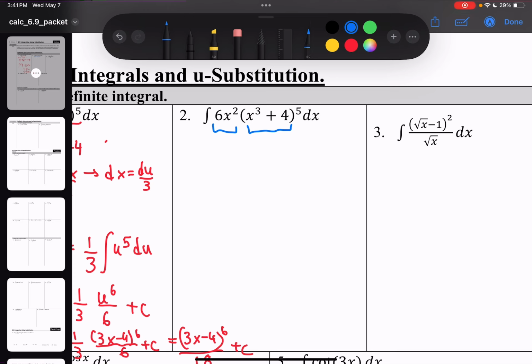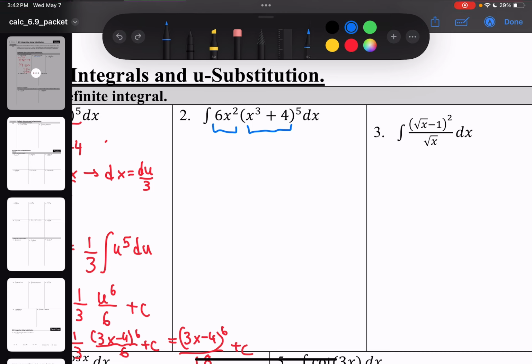The derivative of x to the power of 3 plus 4 is 3x to the power of 2, which closely resembles the 6x to the power of 2 outside. If you are ever confused about what to take as u, always take the one inside the brackets. It usually solves your question.